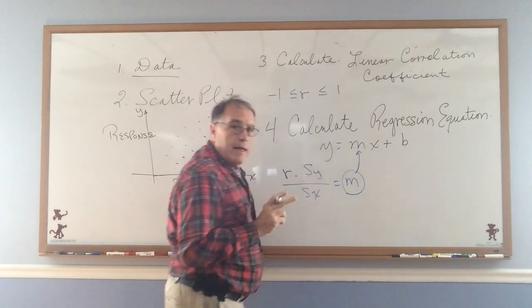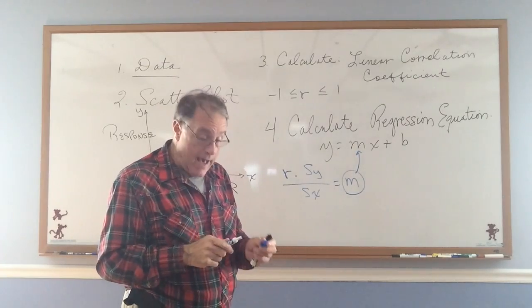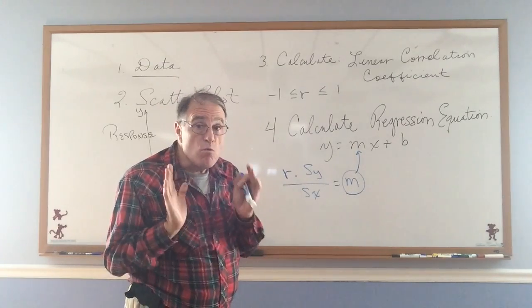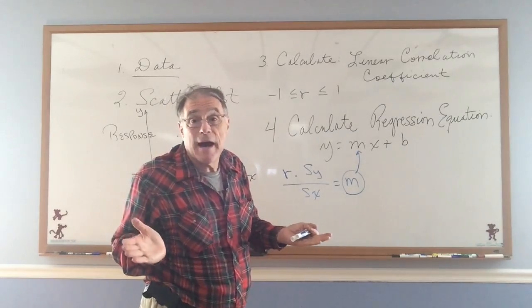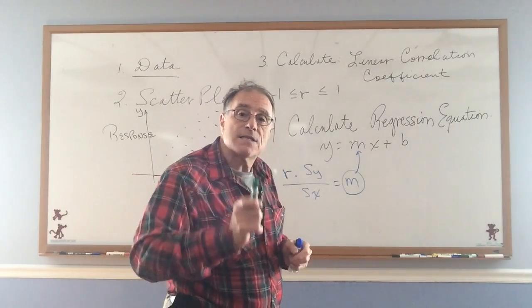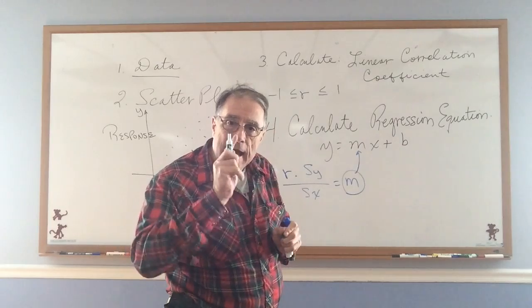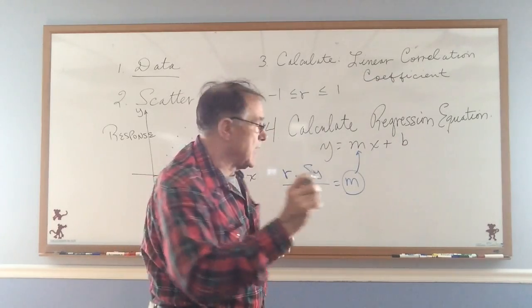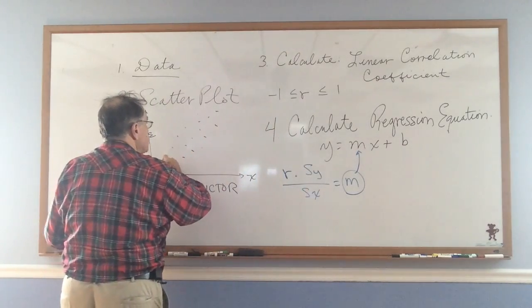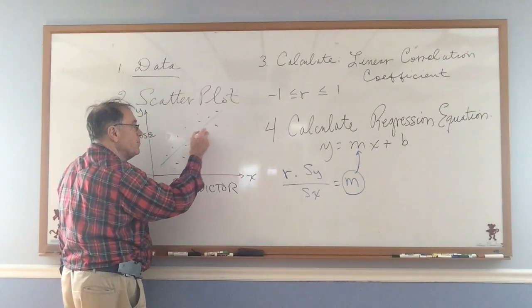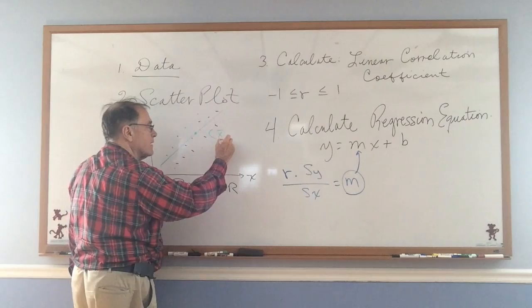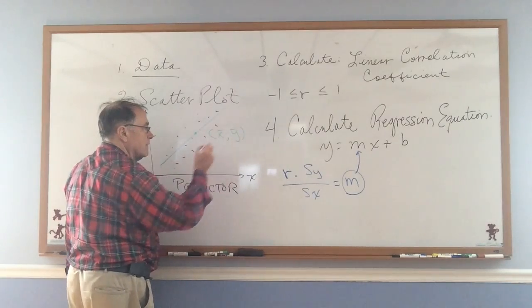Now to find b, I take advantage of a marvelous fact, which to this day blows my mind. And that fact is this, that every regression line for a set of data will always pass through the point x bar, comma, y bar.